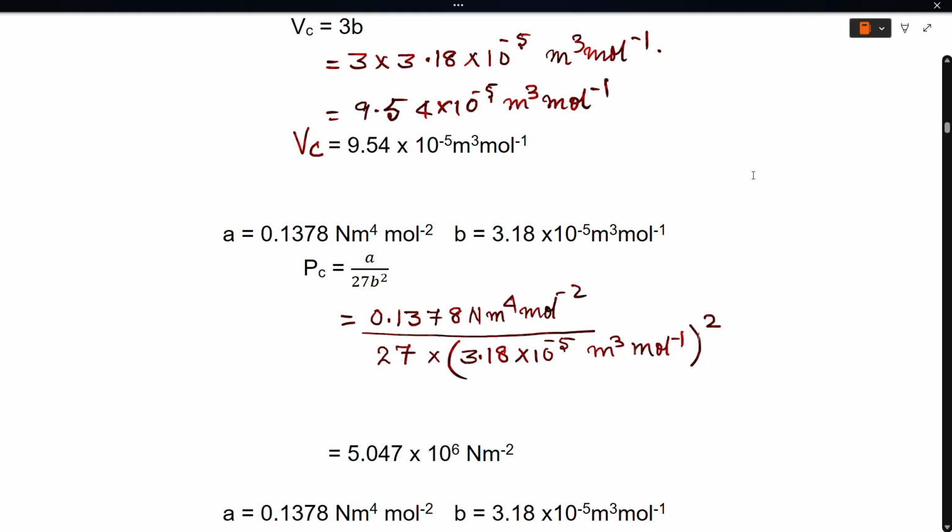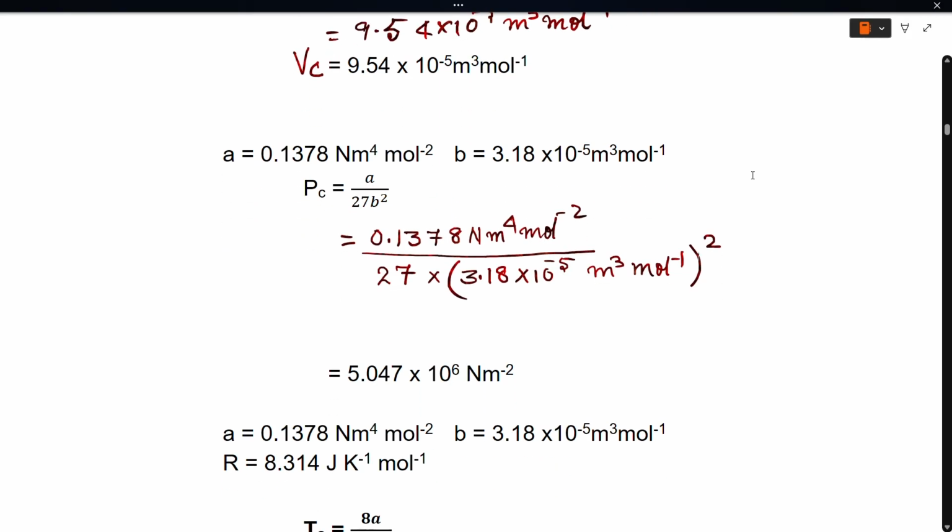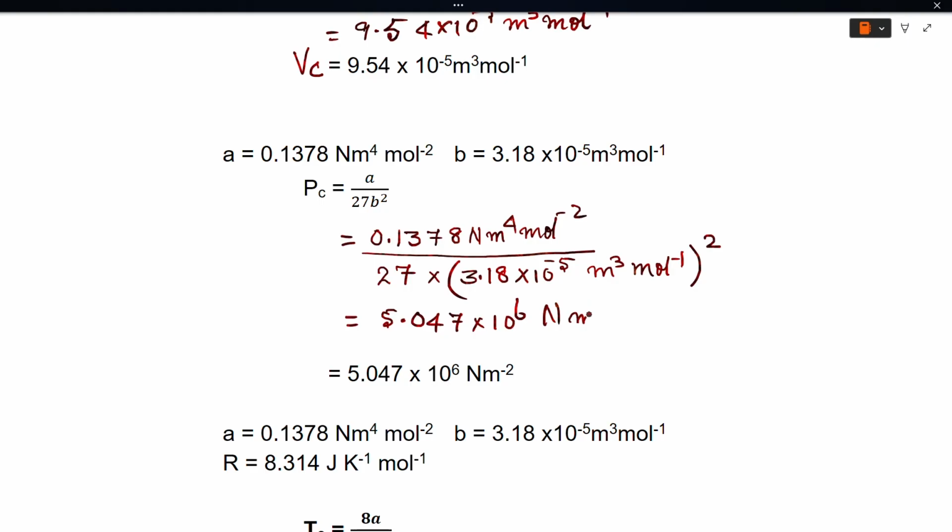Okay. Now, solving, you will be getting the answer as 5.047 into 10 to the power 6 newton meter raised to minus 2. That is, just take the units. Here it will be meter to the power 6, here mole raised to minus 2.